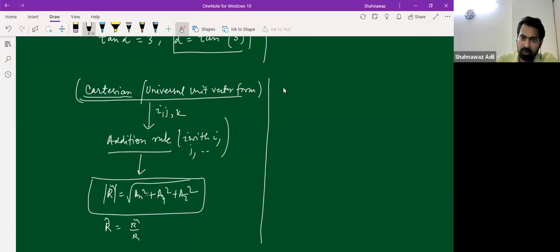And then we have the polar form. In polar form, we are given the magnitudes of two vectors and then the angle. So we apply the parallelogram law.